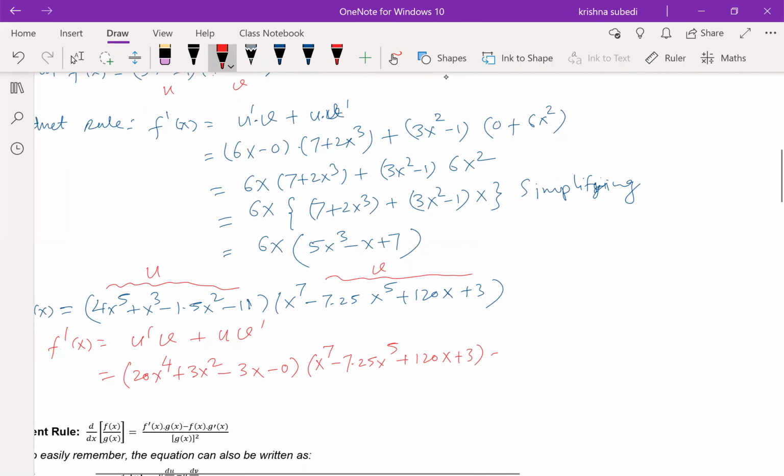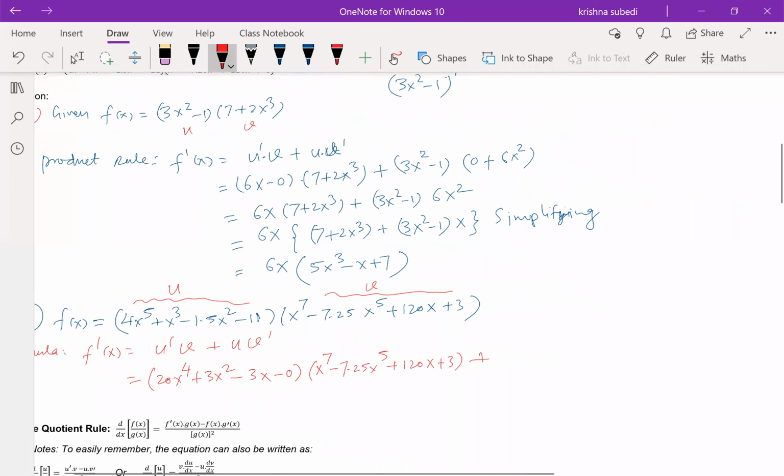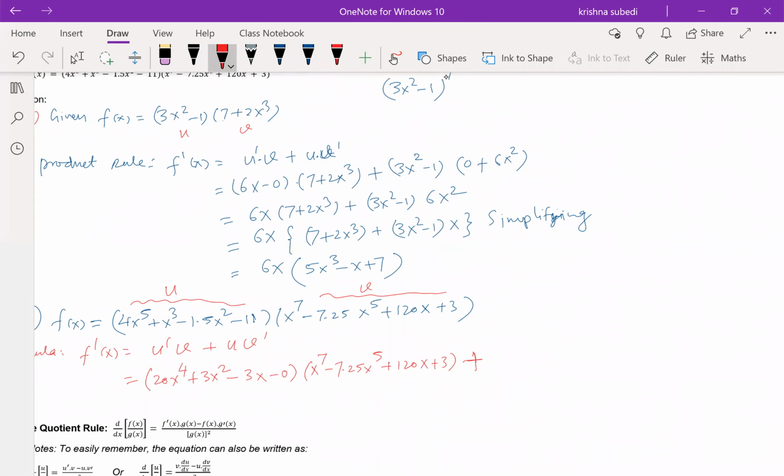And plus copy u. So copy u because u doesn't have a derivative there. So u is 4x to the power 5 plus x cubed minus 1.5x squared minus 11.